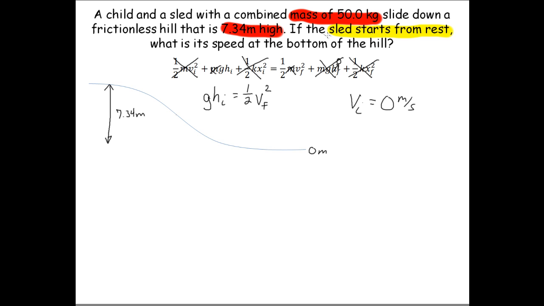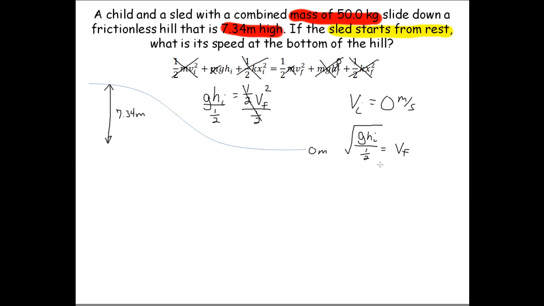Now I want to solve for the speed at the bottom of the hill. So I'm going to divide both sides by 1/2, and those halves will cancel. Then I want to take the square root of both sides. So I'm left with the square root of g times my initial height divided by 1/2 equals my final velocity.